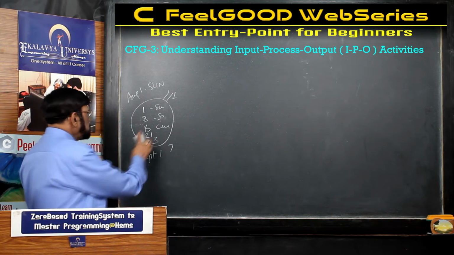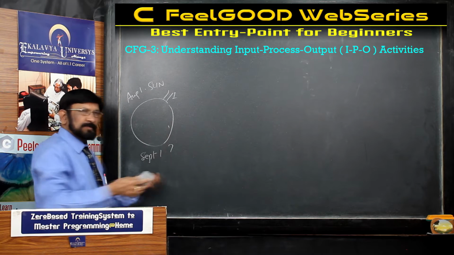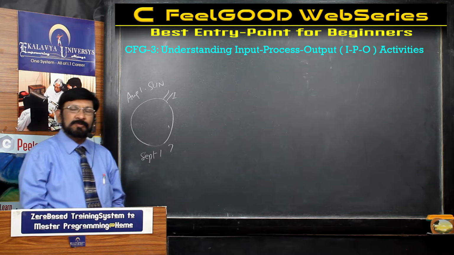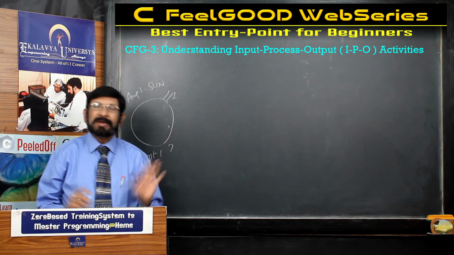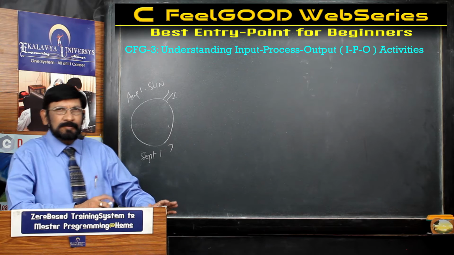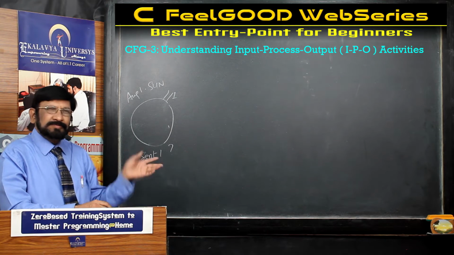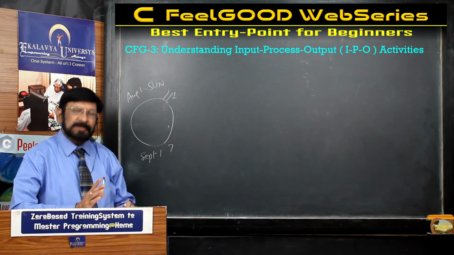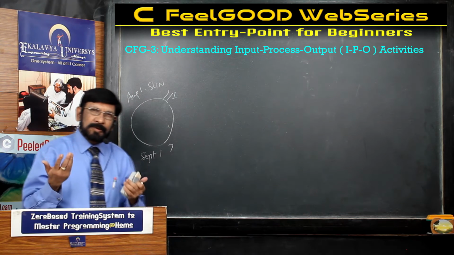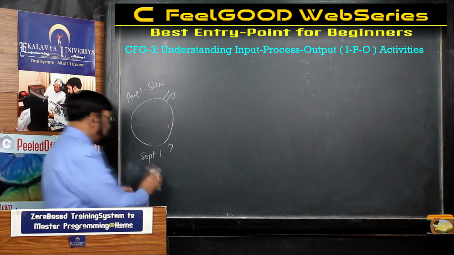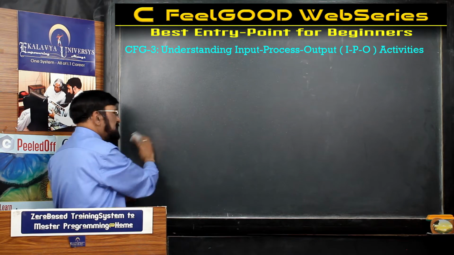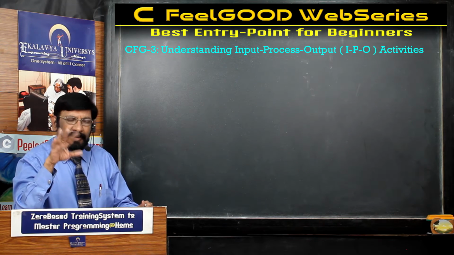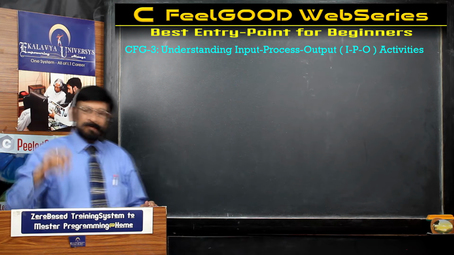Like that, it applies whatever logic you know, and ultimately it gives that September 1st is a Thursday. This is the process, and in this way your brain also functions as IPO. Because of that, for all your questions you get answers. Every minute, every second, your brain takes some inputs, processes them and gives the output. You have to understand that point.